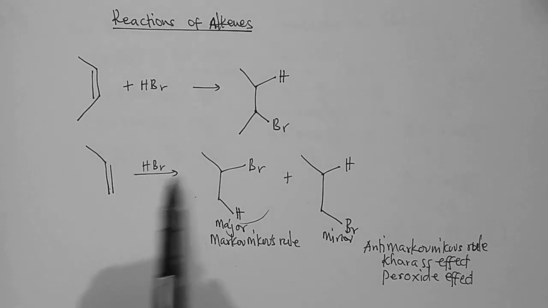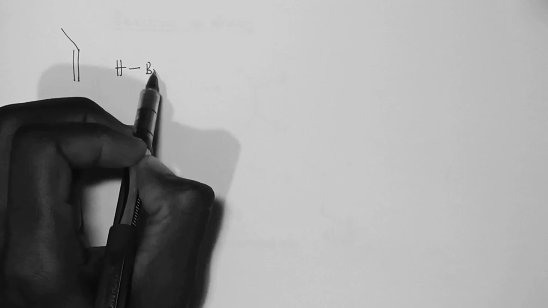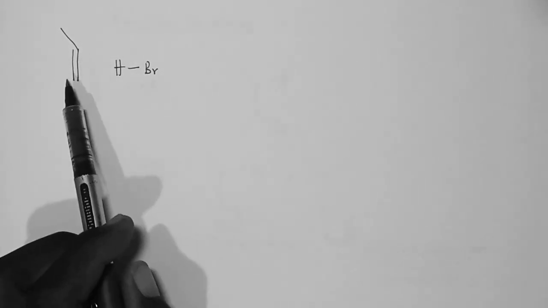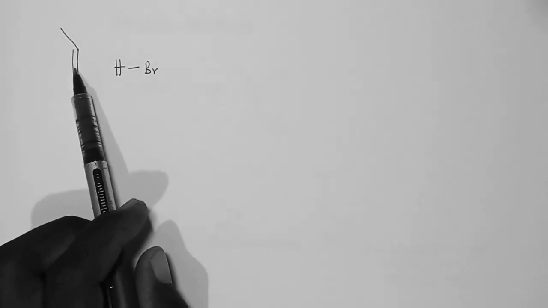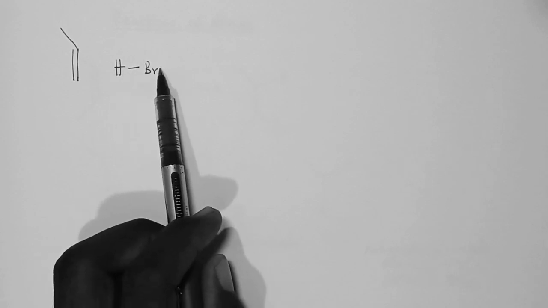So let's look at the mechanism that leads to the formation of the Markovnikov's product. This is the starting material that we're given: 1-propene, and then we are adding HBr. Because this alkene has these pi electrons, it is nucleophilic. And remember that this is hydrogen bromide.